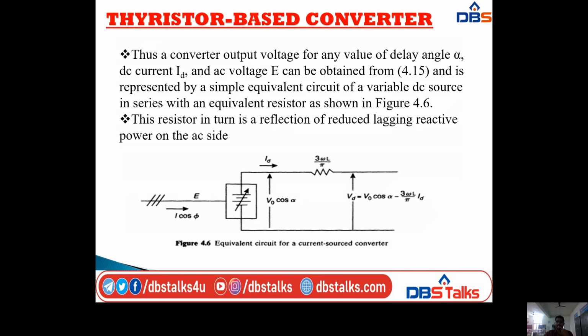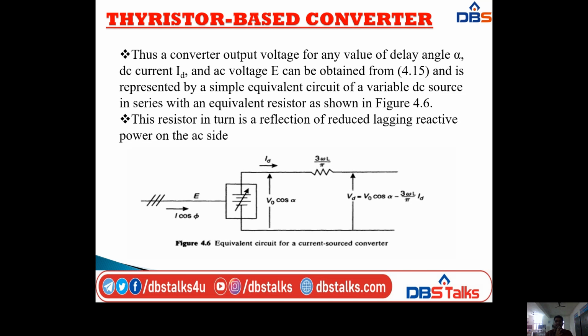From that equation we get the output voltage Vd for a given AC voltage E, DC current Id and delay angle alpha. It is represented by a simple equivalent circuit of a variable DC source in series with an equivalent resistor, shown in this diagram.